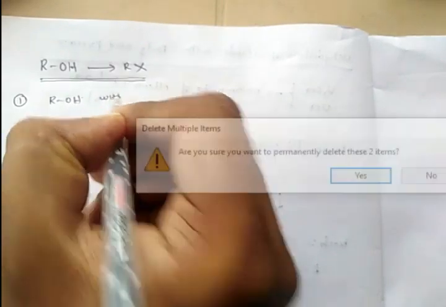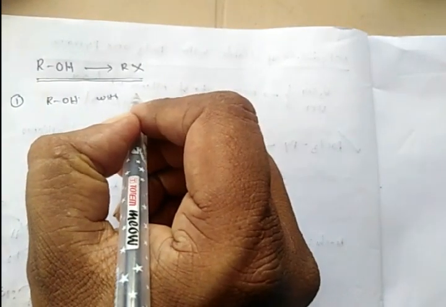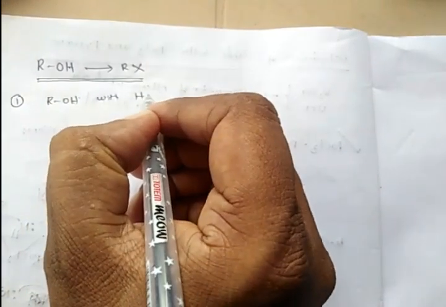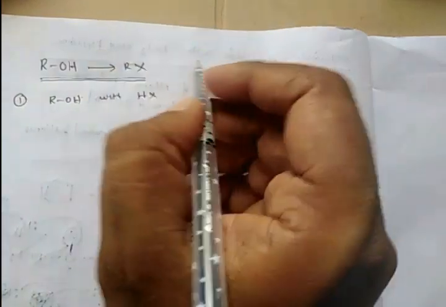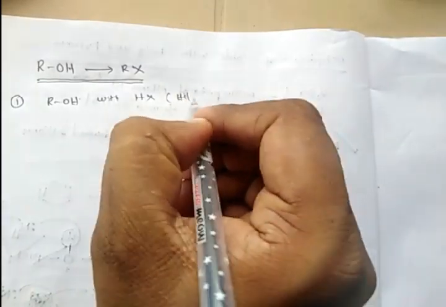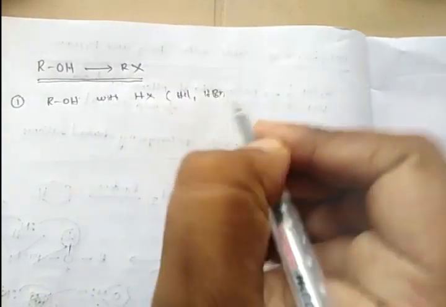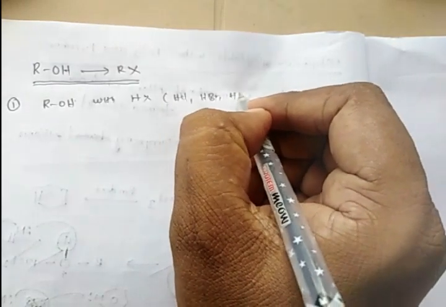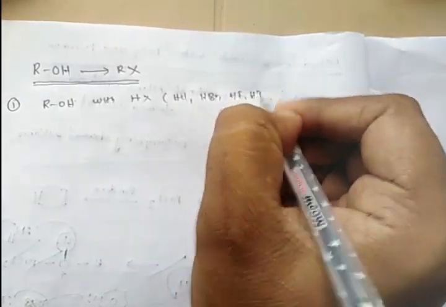The first approach is treatment of alcohols with hydrohalides, HX. The X may be chlorine, so it may be HCl, HBr, or HI.